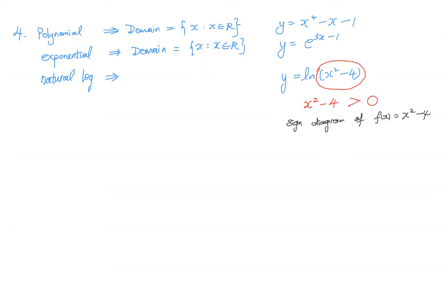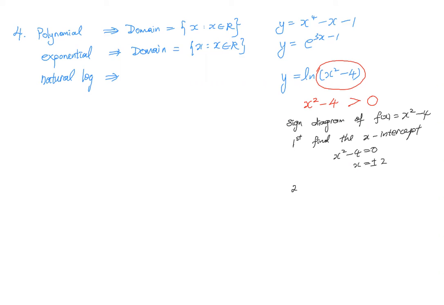To draw the sign diagram, still remember, first step, find the x-intercept. You can find the x-intercept by using your calculator. So x squared minus 4 equals 0, so x equals plus or minus 2.